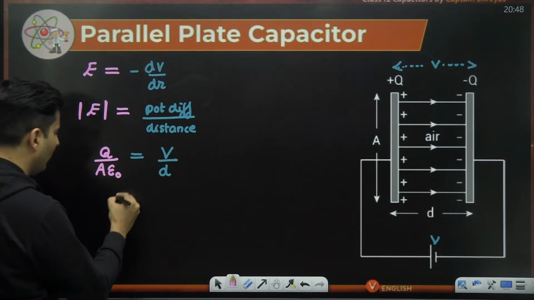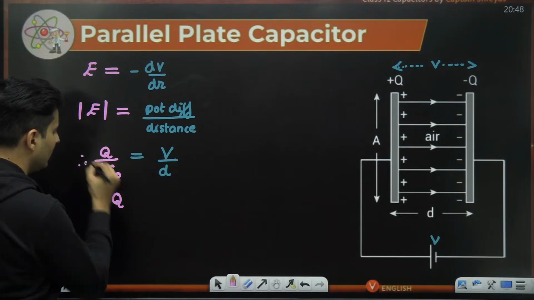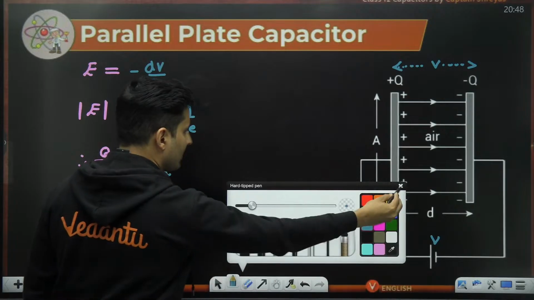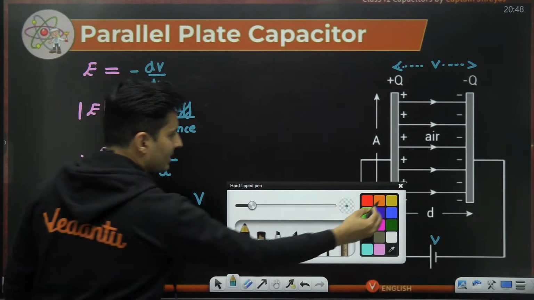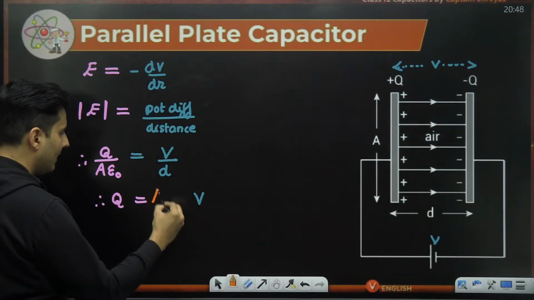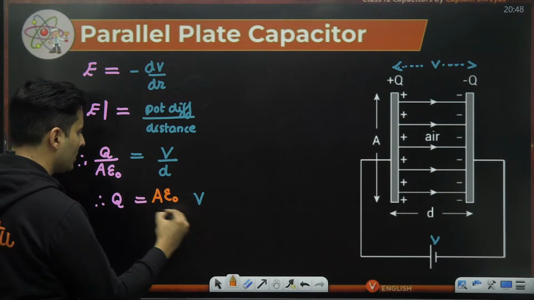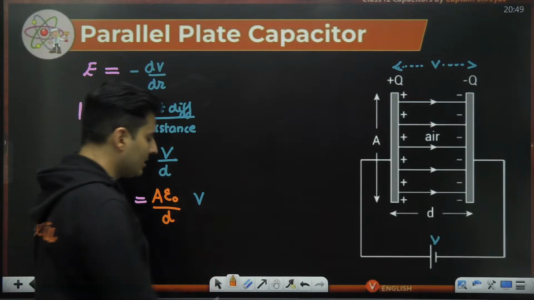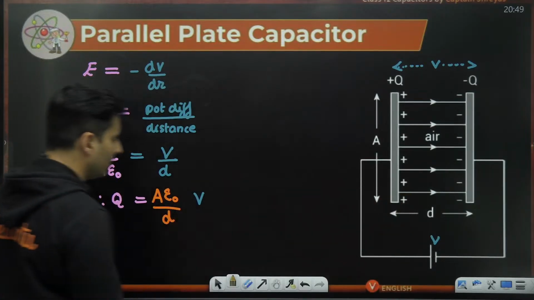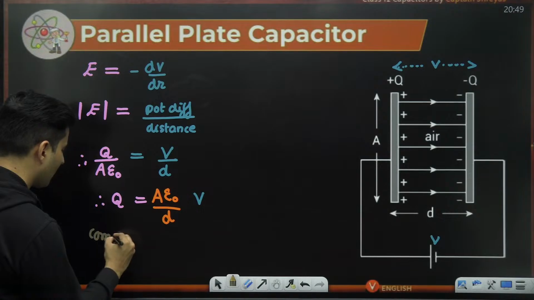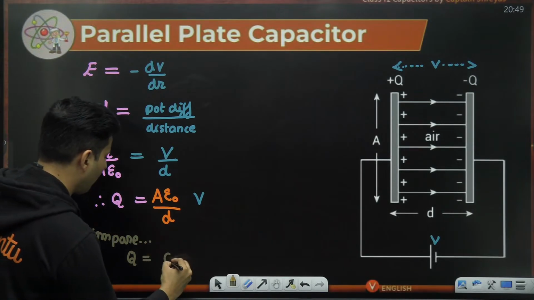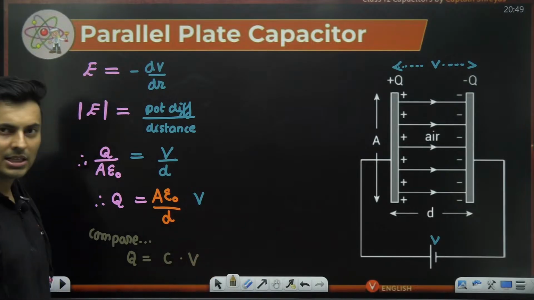So I have an idea now. How about writing this as Q is equal to, observe this carefully, V is as it is. On the top, A will go, epsilon naught will also go, D will stay below as it is. Compare this with charge is capacitance multiplied by voltage.